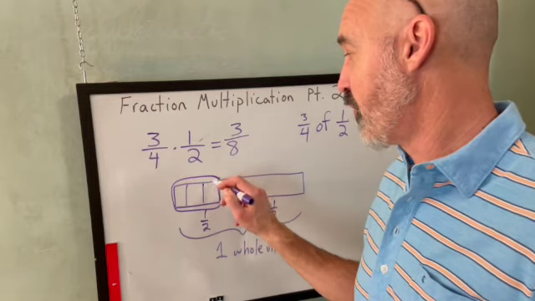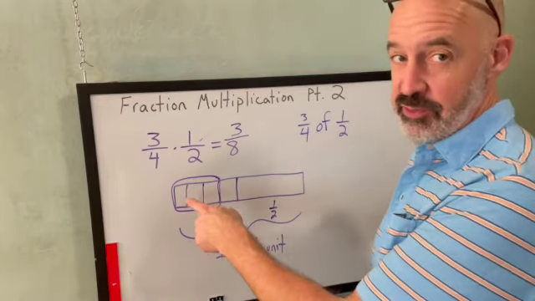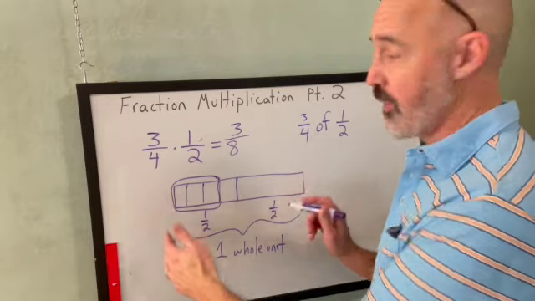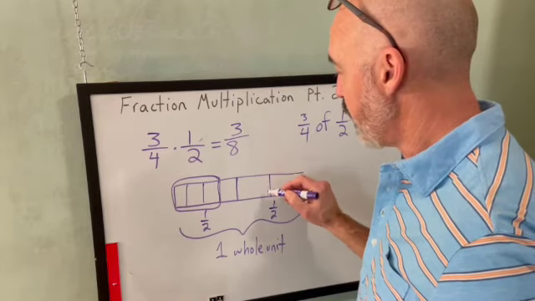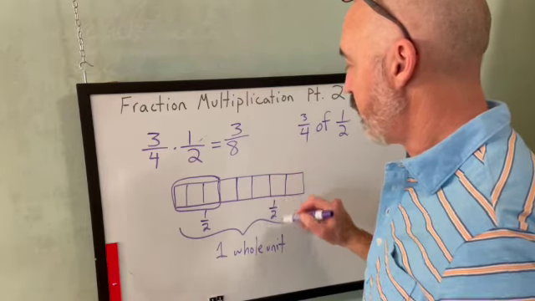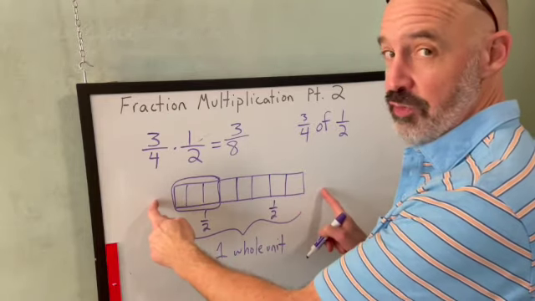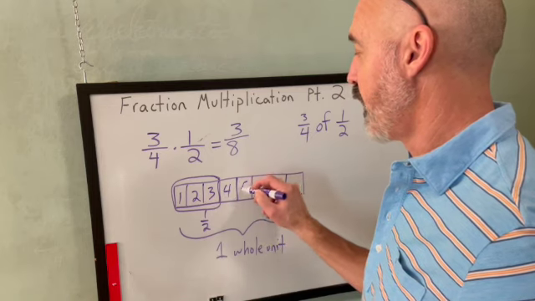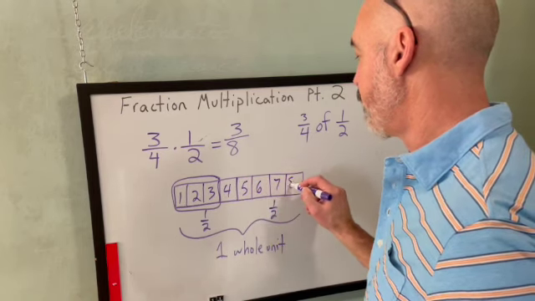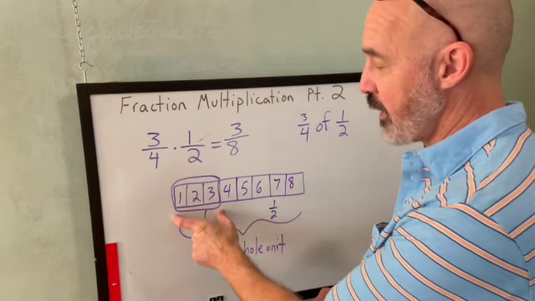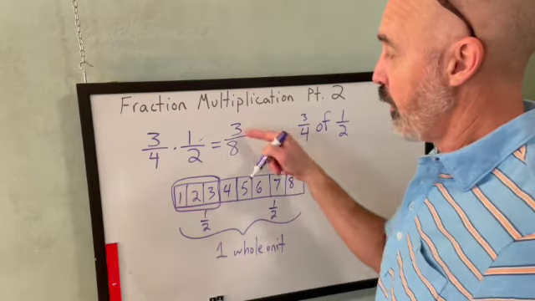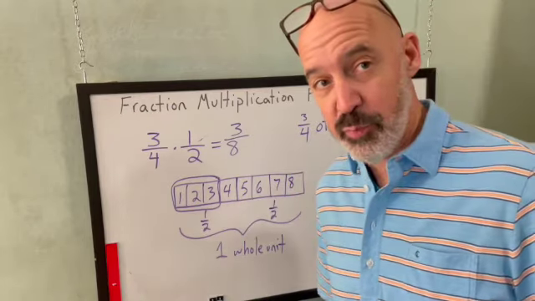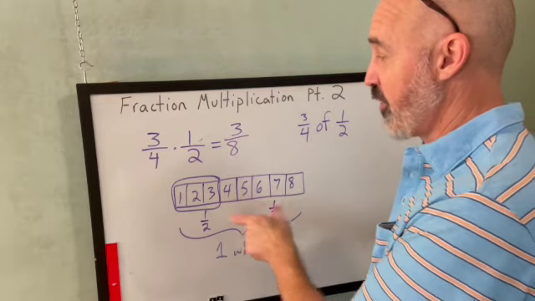This is 3/4 of 1/2, but that piece size is related to the whole unit. So I'm going to go through and create another set of 4 parts, but now within this whole entire unit, there are 8 equivalent pieces. And so there are 3 that are out of 8, which is the product. The product is 3/8, 3 out of 8.